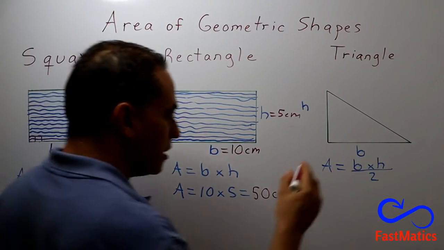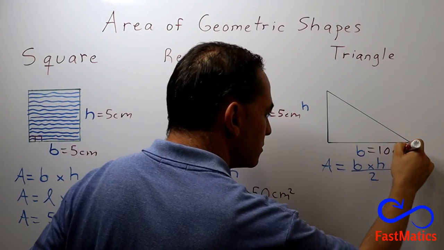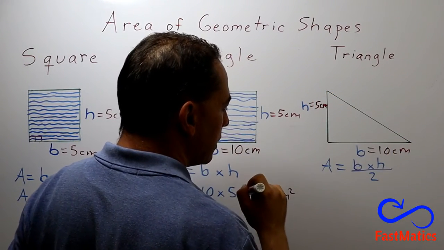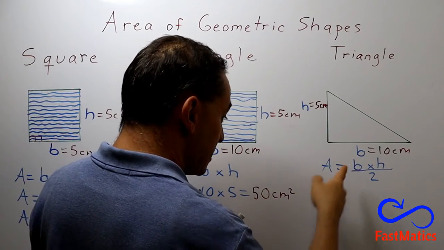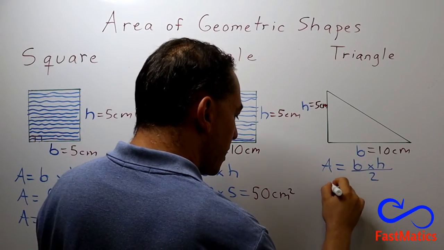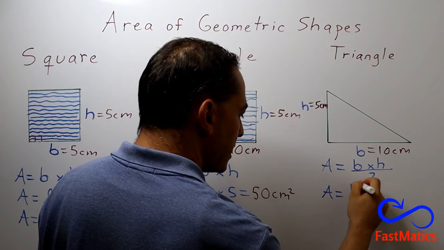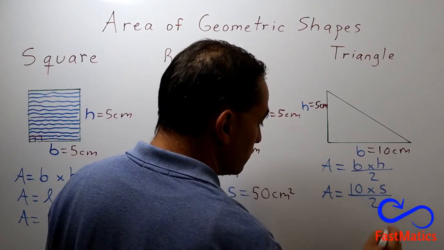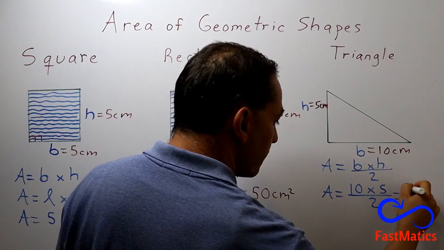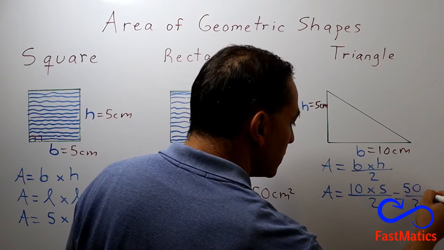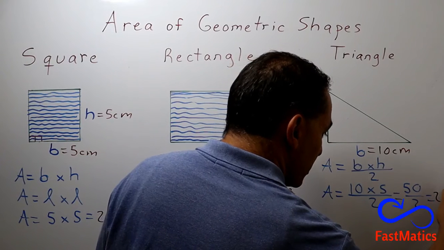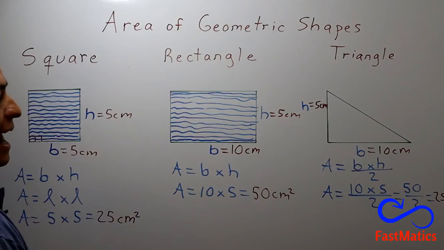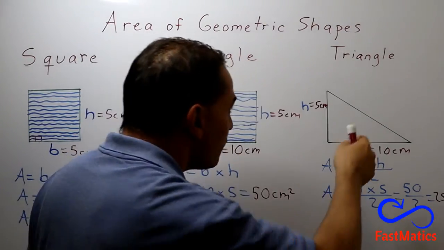So, if here we have 10 centimeters and here we have 5 centimeters, we replace B and H and we get 10 times 5 divided by 2. That is 50 divided by 2 equals 25 centimeters squared. And that's the area of the triangle.